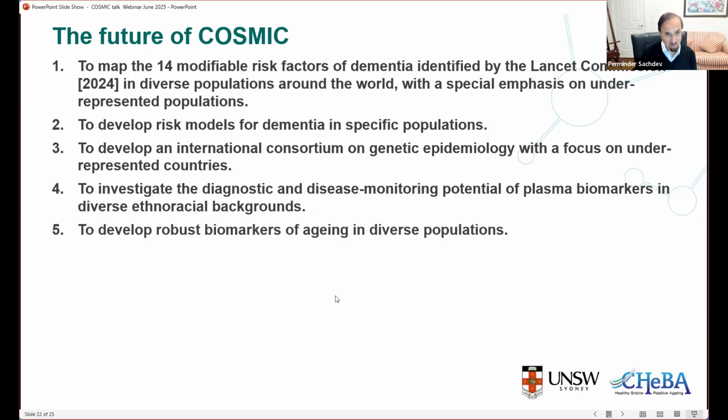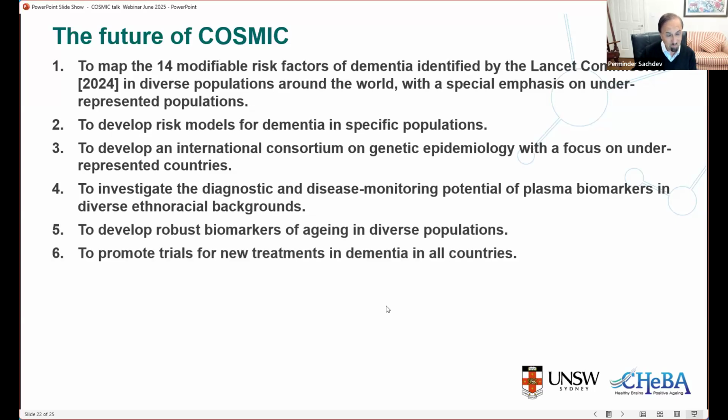We want to develop robust biomarkers of aging. This is an area that is new and we haven't invested much in it as yet, but for the future, definitely. Promote trials for new treatments in dementia in all countries.